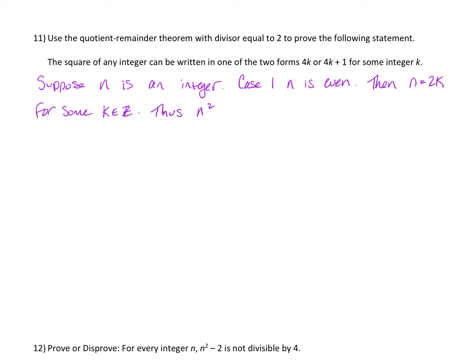Thus, n squared, the square of my integer, would be (2k) squared, which is 4k squared. Since k squared is an integer, n squared is a multiple of 4.